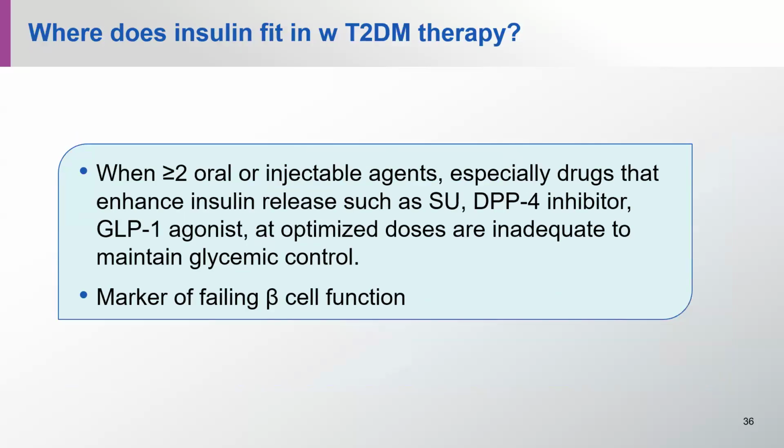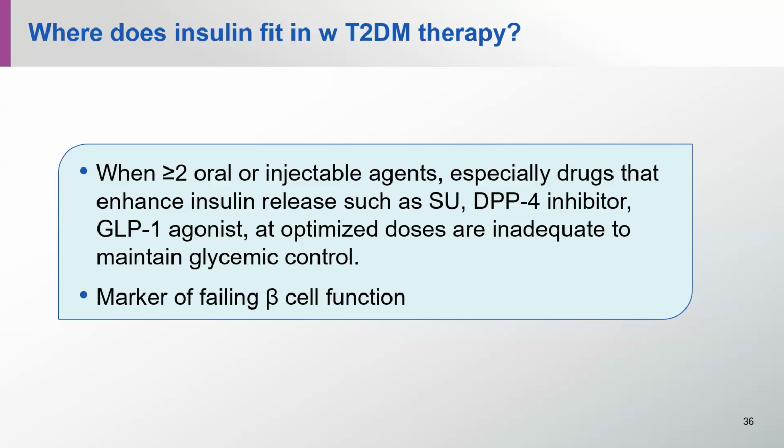Hypoglycemia. So, what about now with insulin and type 2 diabetes, other than a couple of weeks worth at the beginning of therapy to bring that initial A1C down a little bit? And if time allows, we can go into how that can be done in a relatively streamlined manner. It's when two or more oral or injectable agents, particularly drugs that enhance insulin release, like the sulfonylureas, the DPP-4 inhibitors, GLP-1 agonists at optimized dose are inadequate to maintain glycemic control.